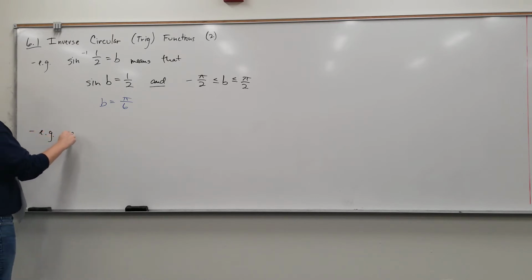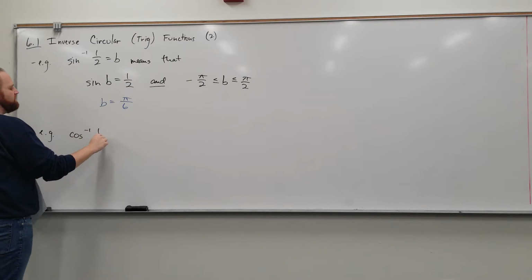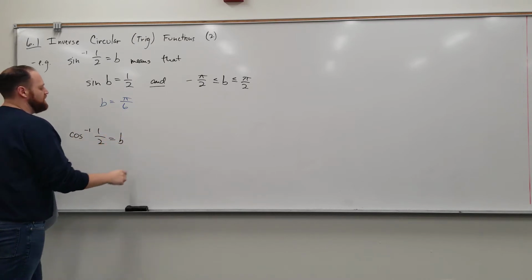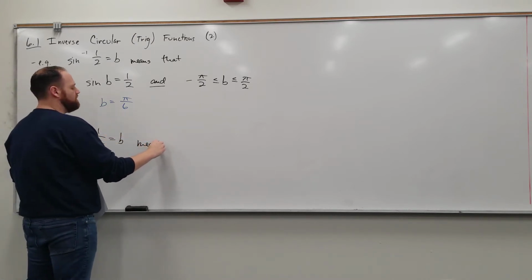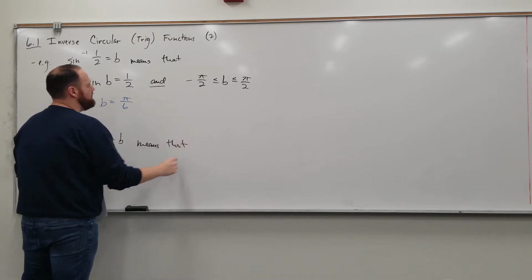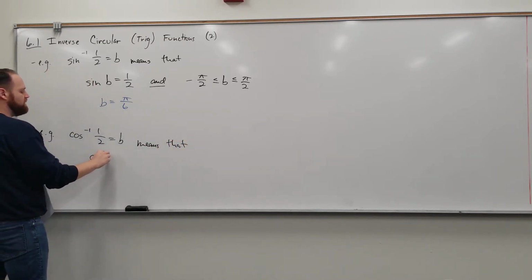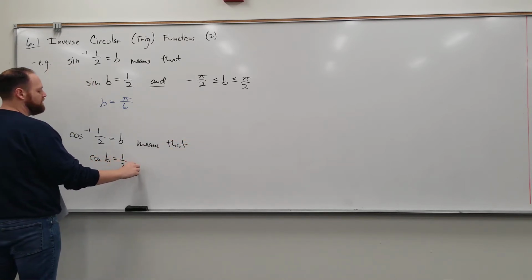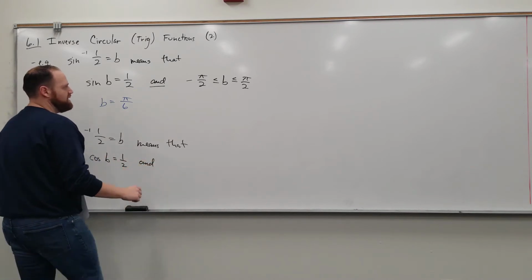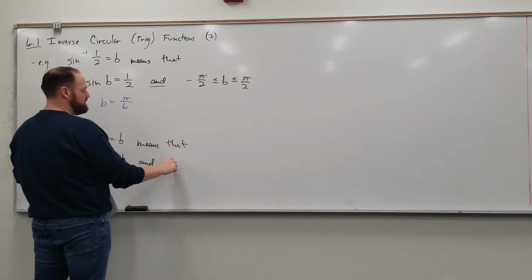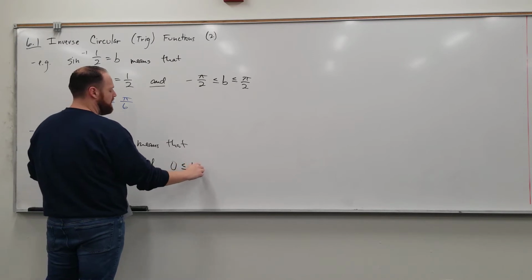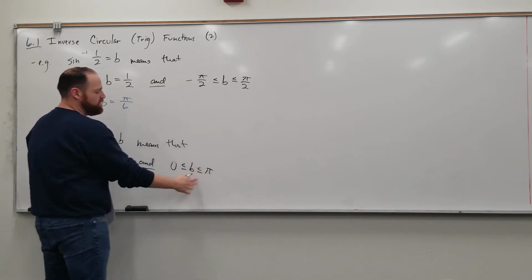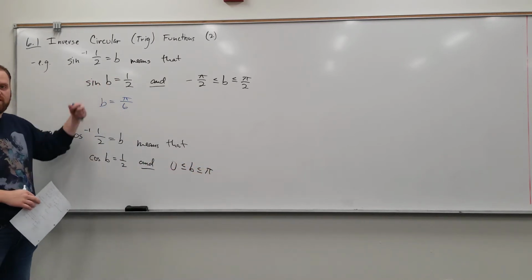On the other hand, if you had a statement that said cosine inverse of 1/2 equals b, this means that cosine b is 1/2, and it means that b is between 0 and pi. The domain restriction is different for cosine than it is for sine.